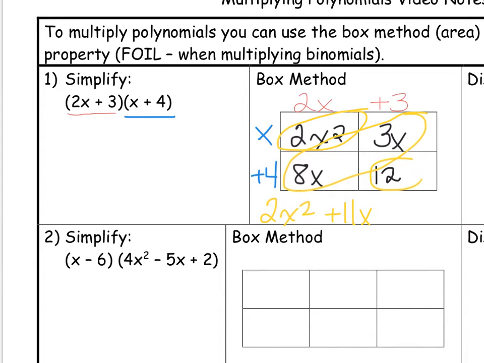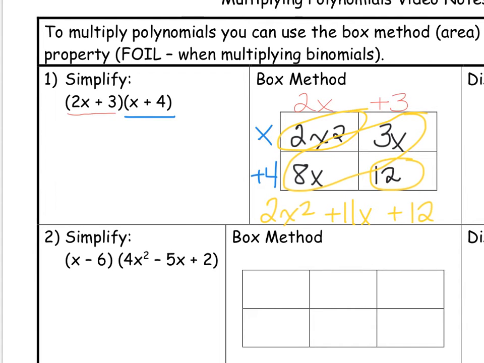And then my last term is my constant, and that's plus 12. What I like about this box method is it puts it in standard form for you. Again, standard form means our exponents are decreasing and constants are always last. But it also groups like terms together for you.